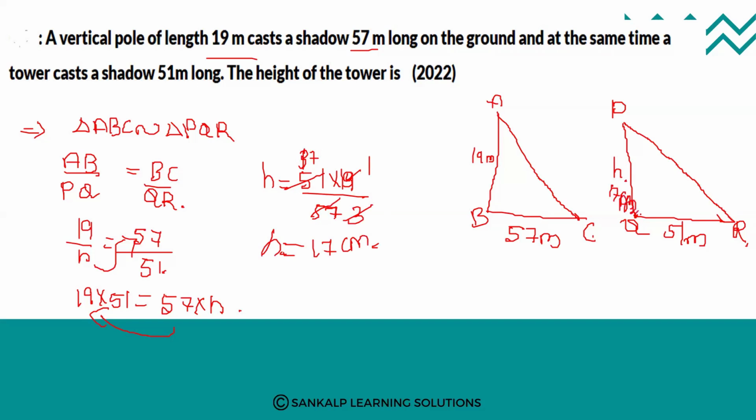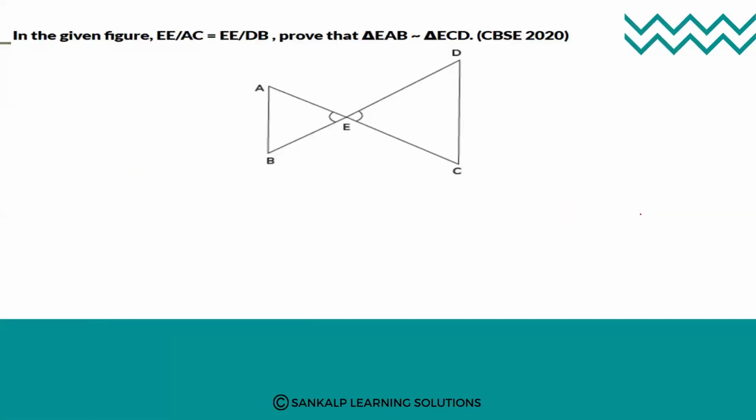Understood? Next. In the given figure, so this question was asked in 2020. In the given figure, EC divided by AC, ED divided by DB. Prove that triangle EAB is similar to triangle ECD.